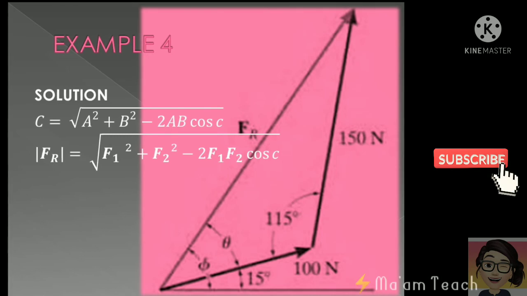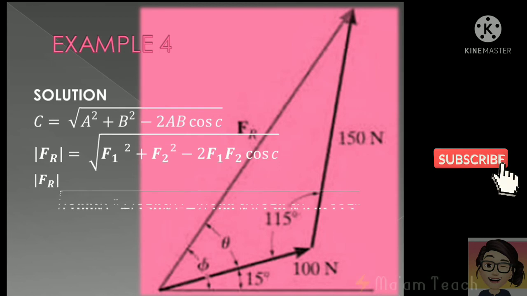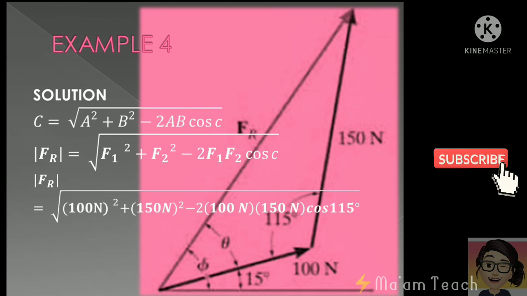So the F sub 1, the F sub 2. Take note, what will be our angle here? Substituting, class, our F sub 1 is 100, and our F sub 2 is 150. And take note, our angle is 115 degrees.